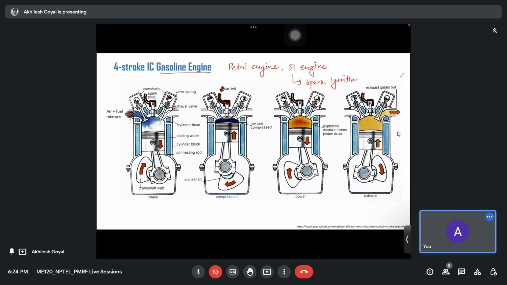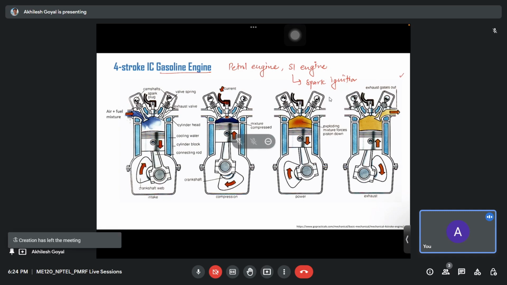Okay, so in the case of SI engines, very first we will see which four strokes an engine goes through, and then we will see the difference between SI engine and CI engine.